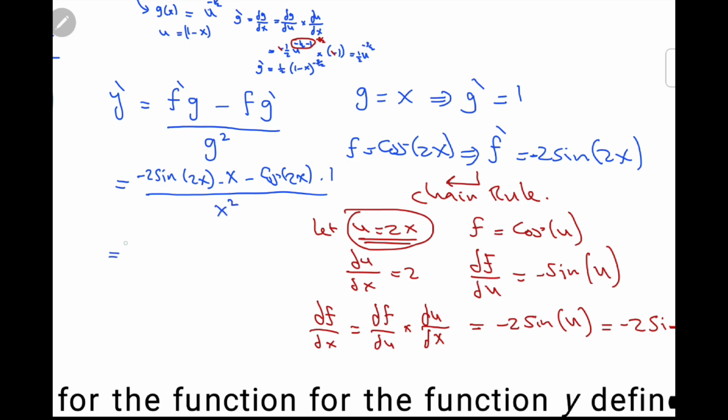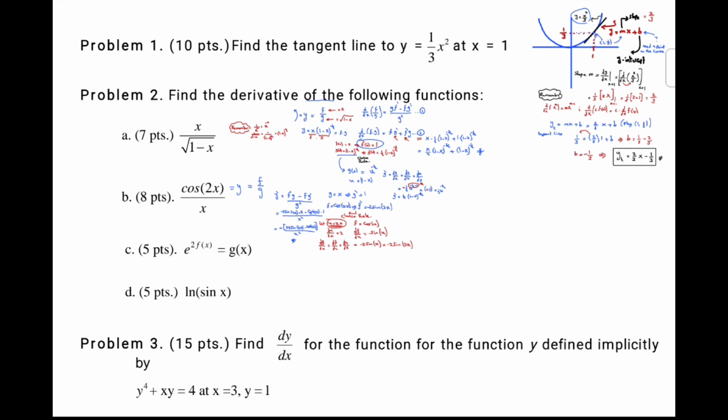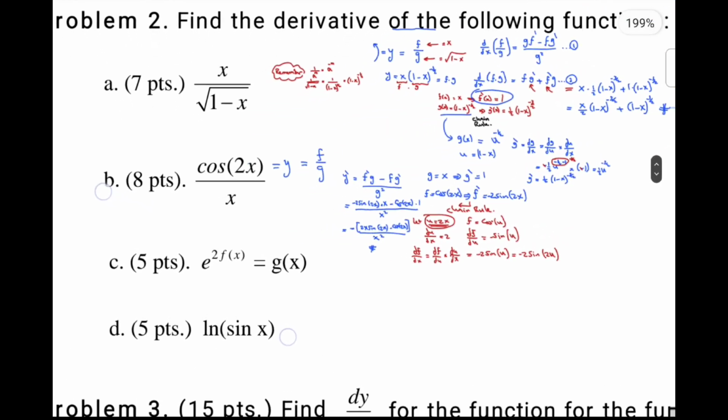So the final answer will be minus, open a bracket, this is a common factor, that will be 2x sine 2x minus cosine 2x divided by x squared. And that's it.